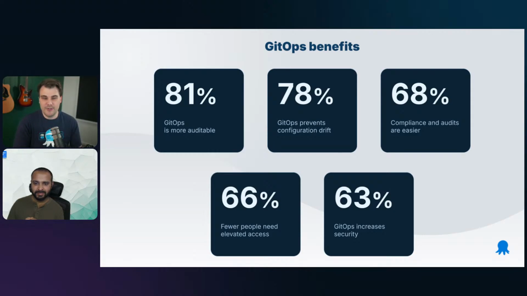These are the averages across respondents, but we did find that GitOps is more auditable. It prevents configuration drift. Compliance and audits are easier. There are fewer people who need elevated access to target infrastructure because we're now driving that all through version control and Git, and it also increases security.